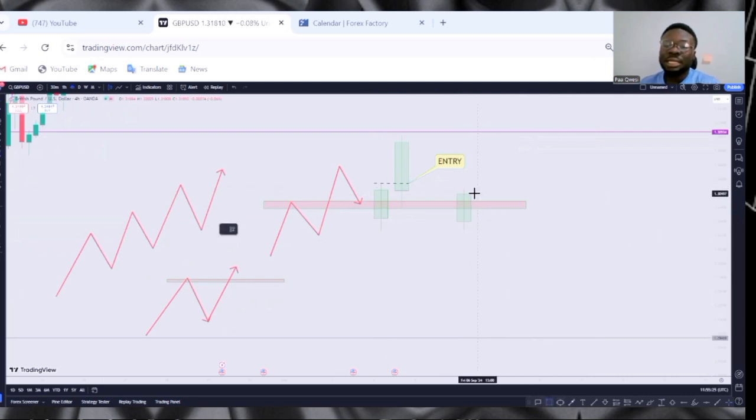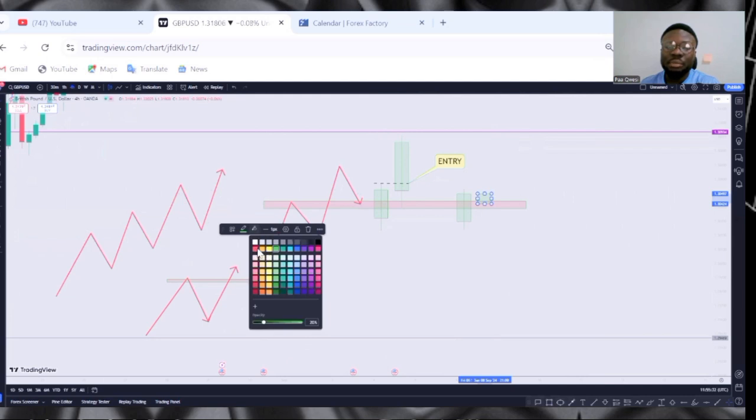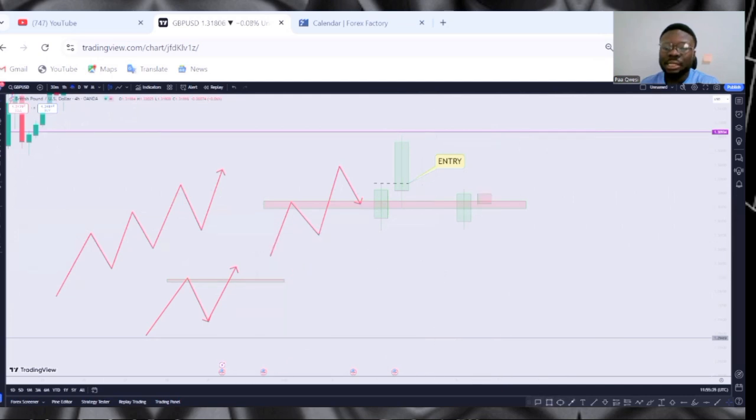But sometimes you can get the next candle closing as a bearish candle, refusing to break the previous candle tip. When I see something like this, I want the next candle to engulf the previous candle. I want the bullish candle to engulf the bearish candle. So if it overshadows the bearish candle, I'm going to take an entry.